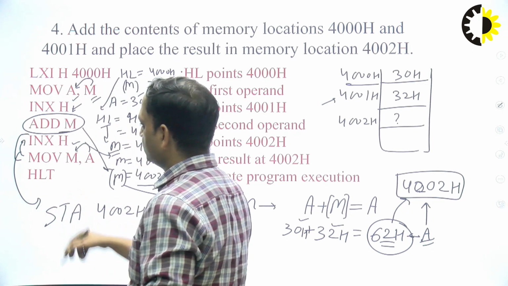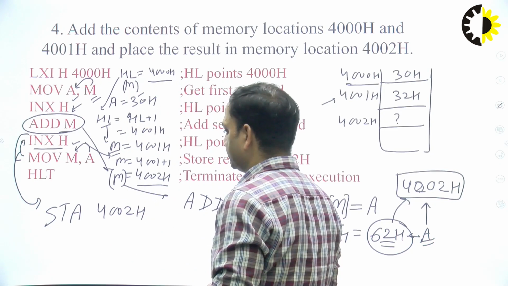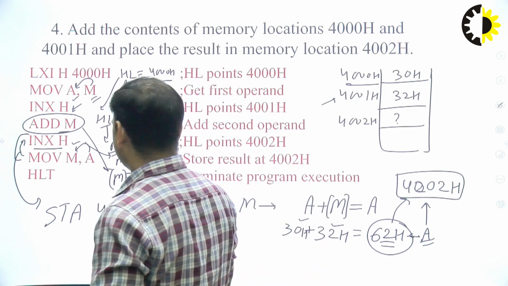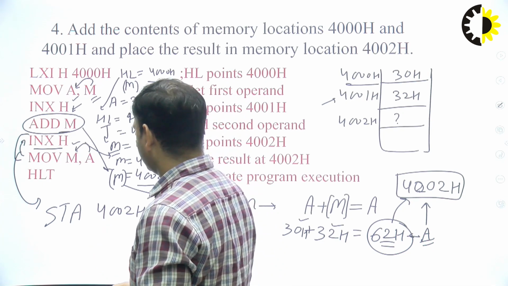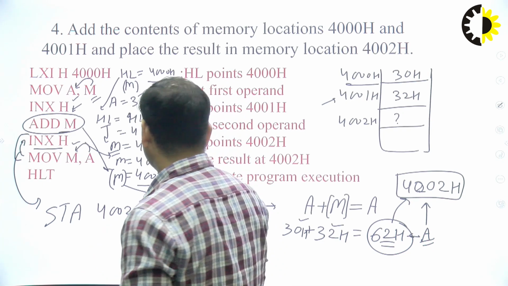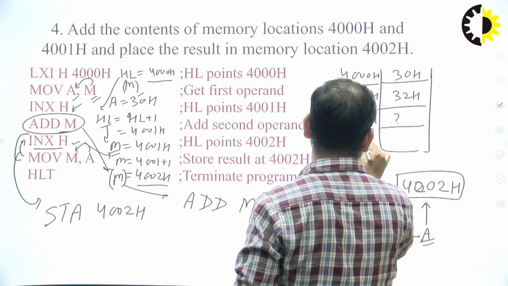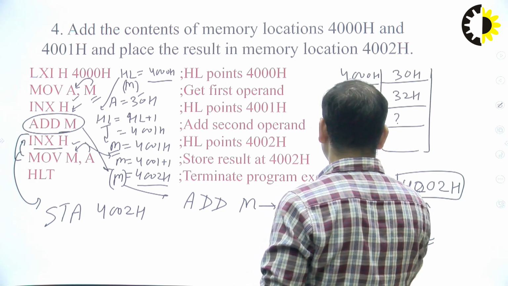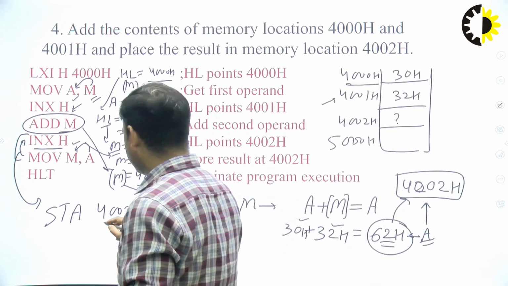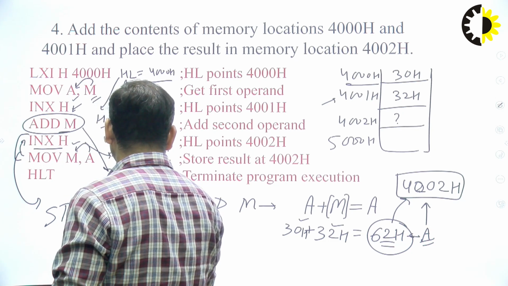Because this is in sequence, that is why we are using INX H. If we don't want to use it and we want to put the value of A into a particular memory location, we can use STA 4002H. Or if you want to store this number at 5000H, in that case, in place of 4, we can use 5000H.